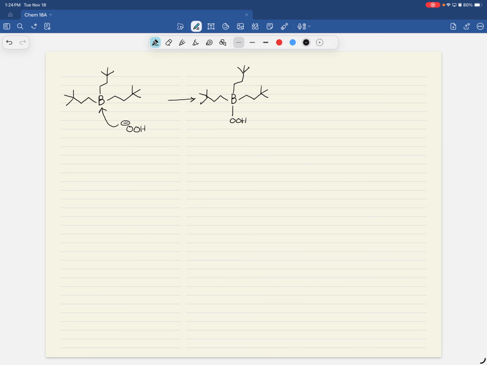All right, oh, sorry. Let's draw out these bonds. So let's draw out the oxygen to the other oxygen. And then we could draw out the hydrogen too. All right, so this boron has a negative charge, but it won't last. Because under these conditions, it's going to spontaneously decompose, okay?